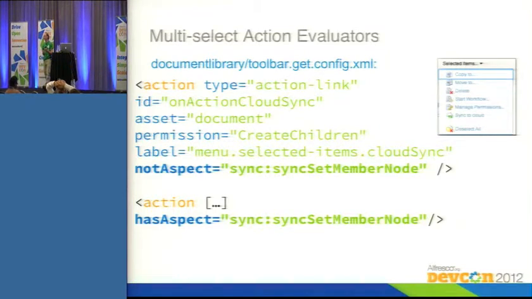And that's what we use for triggering the syncing action. So, for example, you can't sync a node that's already been synced. So if it's got the sync set member node aspect, then we don't show the sync action. So it's quite simple, but again, hopefully that's going to be quite a useful extension.